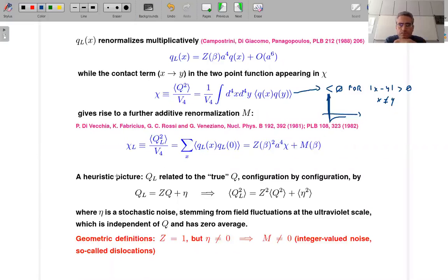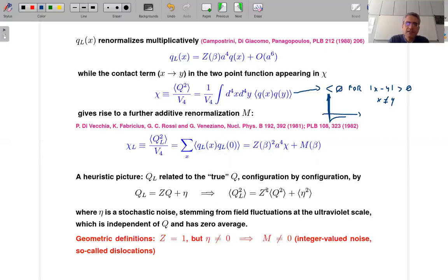Okay. In some sense, a heuristic picture that you may have for this simple gluonic definition is that configuration by configuration, the discretized topological charge is related to a sort of true topological background by a multiplicative renormalization, this Z_Q renormalization, plus some noise, okay, some noise which makes it fluctuate around this average value.